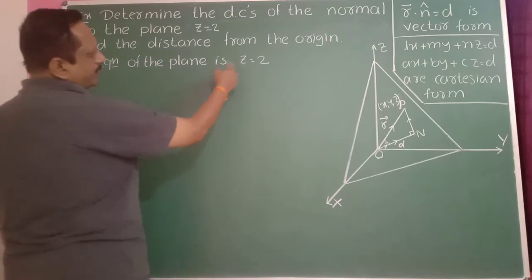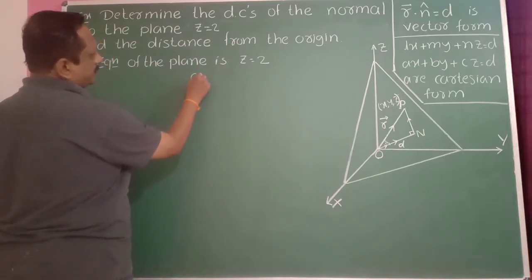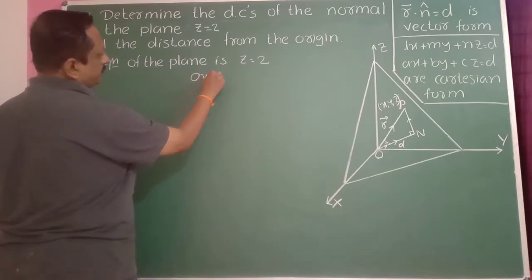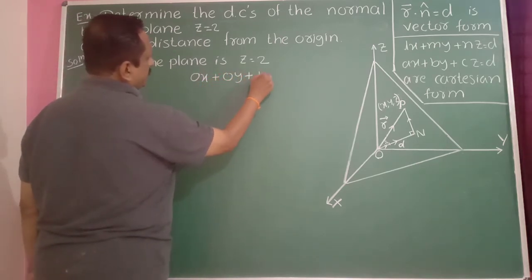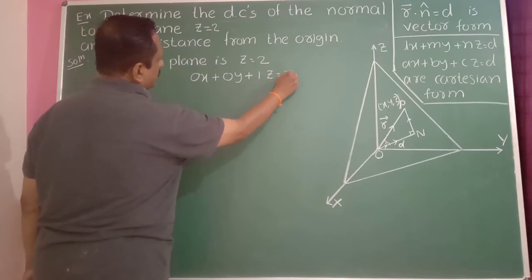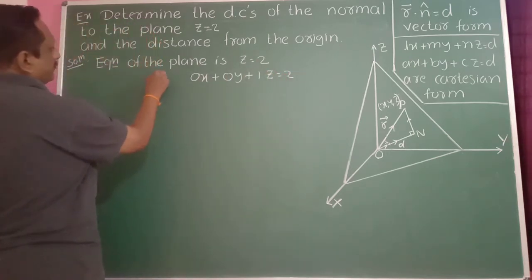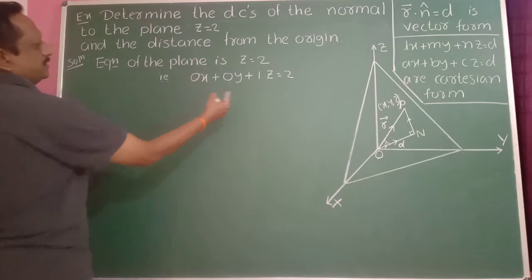Then you can write this equation as 0 into x plus 0 into y plus 1 into z is equal to 2. Okay, you can write this equation in this form here.